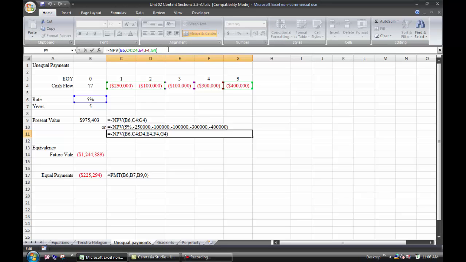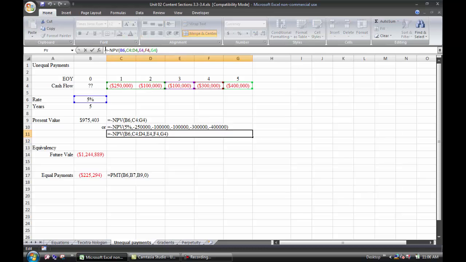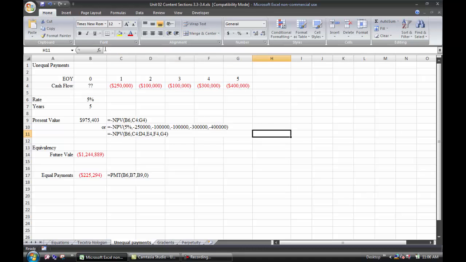When in doubt, go to the end before you hit the enter key. Some eccentricities here that are not always explainable to me. Let's put it back. Put the quote in, and you can see it can be done that way. And this is how we handle unequal payments.